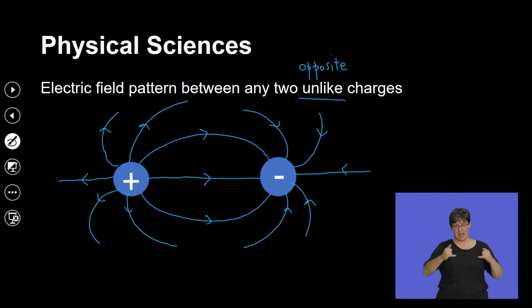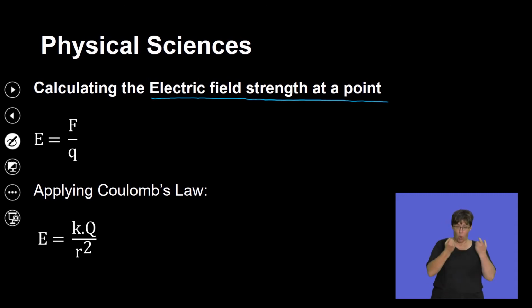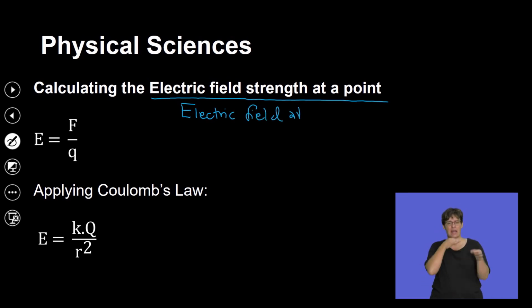Okay. Now let's look at a case where we want to determine the magnitude and direction of electric field at a point. Now, we talk of electric field strength at a point, but we actually refer to this as electric field at a point, right? Let's break it down now, okay? So it's electric field at a point. Now, when we talk about electric field at a point, that's the quantity E, which is a vector quantity.